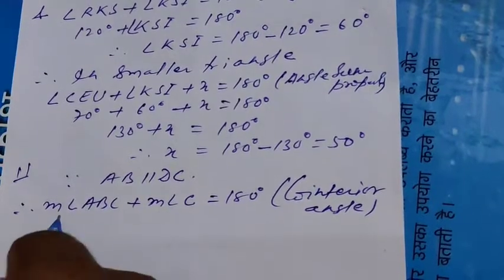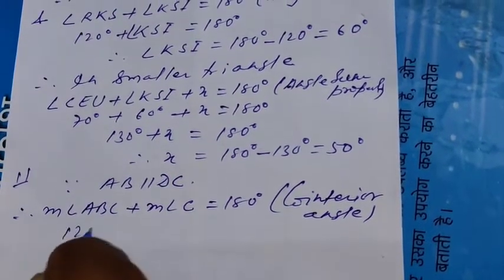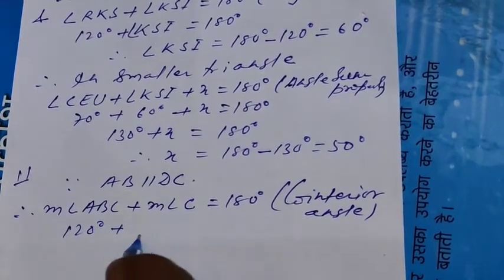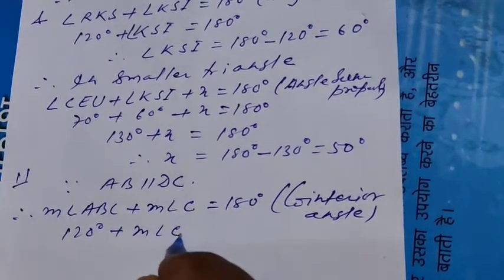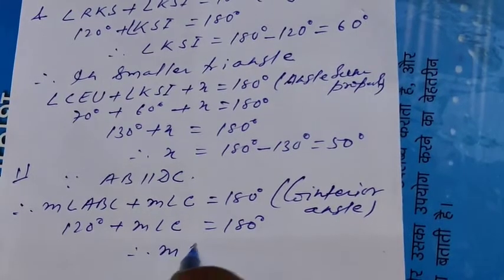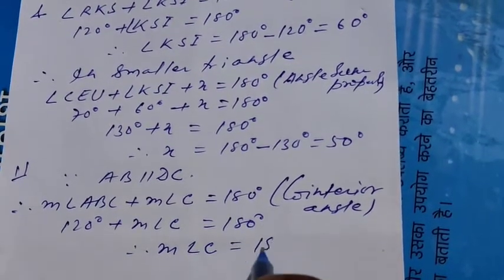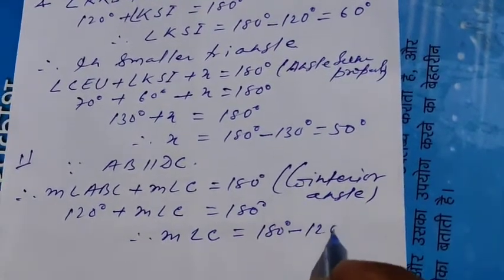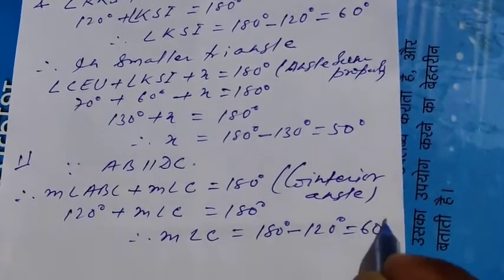Now measure of angle ABC is 120 degree plus measure of angle C is equal to 180 degree, and therefore measure of angle C equal to 180 degree minus 120 degree, that is 60 degree.